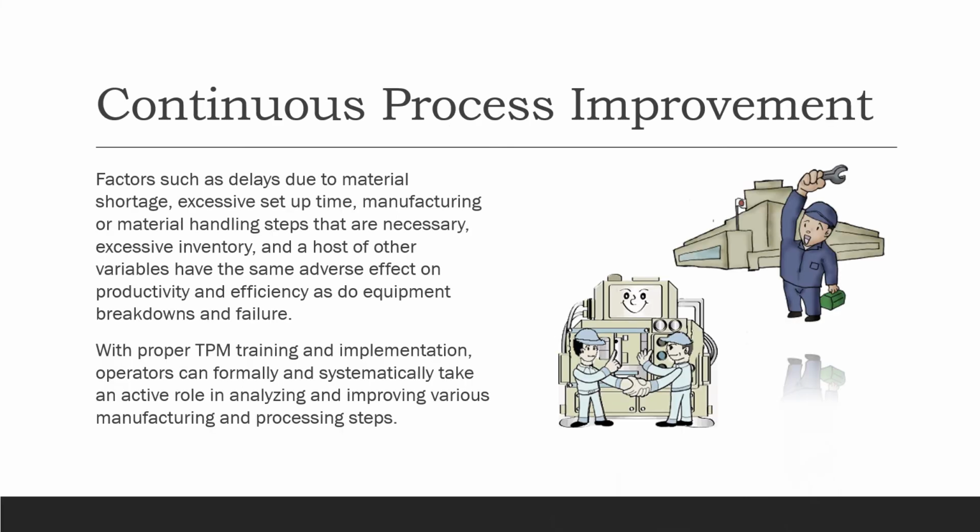Continuous process improvement. Factors such as delays due to material shortage, delays due to excessive setup time, delays due to necessary manufacturing or material handling steps, excessive inventory, and a host of other variables have the same adverse effect on productivity and efficiency as equipment breakdowns and failure. We don't want delays at all.